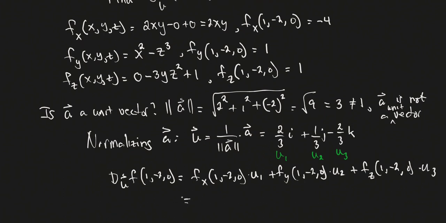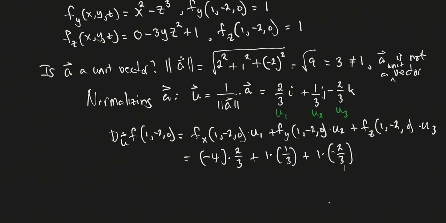And we're going to come up with a number. It's a number because it's a rate of change. It's a scalar. So we got our negative 4, and that will multiply our 2/3. And then we have our positive 1, that will multiply the 1/3. And then we have another positive 1 that will multiply the 2/3, or I should say negative 2/3.